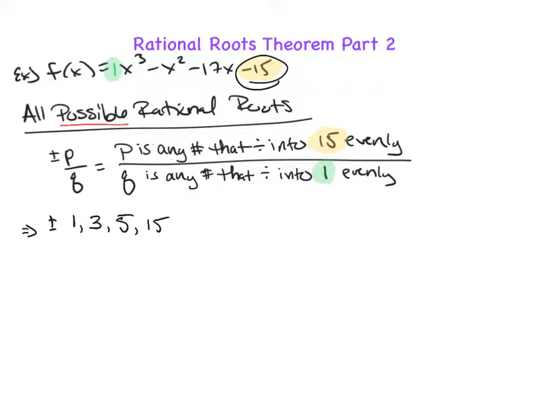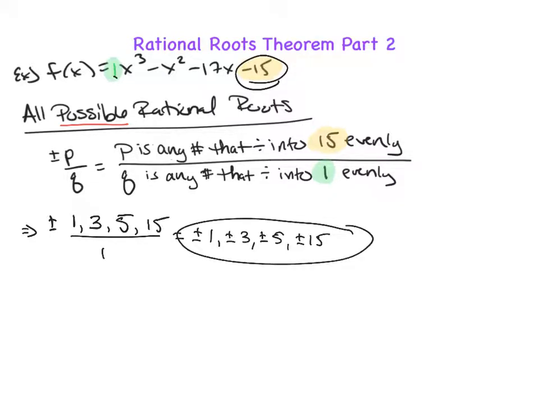And thankfully, the only numbers that go into 1 in green here are 1 and 1. So here's how this could look. Plus or minus 1, 3, 5, 15. So all of our possible rational zeros or rational roots for that polynomial are contained in this list here. Now we certainly don't have 2, 4, 6, 8 different roots, but all of the possibilities are listed there.